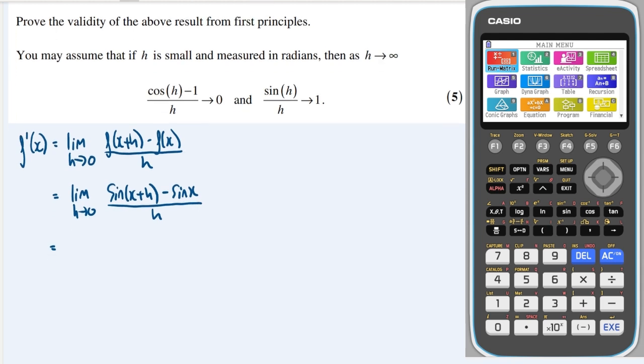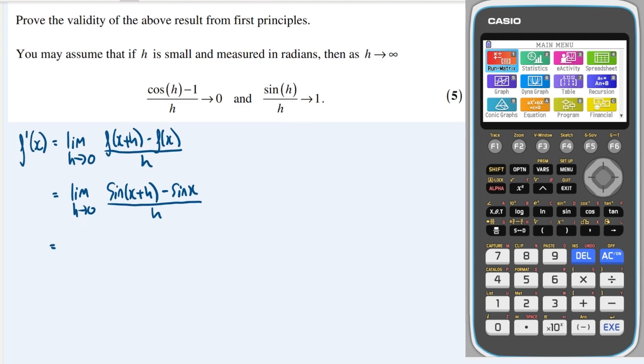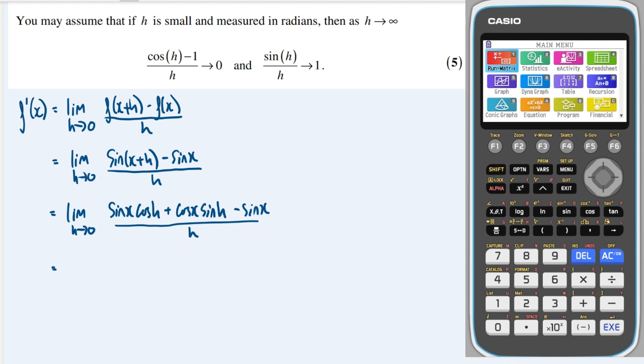So this would give us, when I use my compound angle formula, sine x cos h plus cos x sine h minus sine x, and again all over h. And then we can do some factorising.